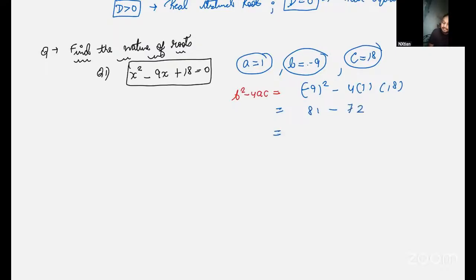So I will get the answer as 9. So b square minus 4ac is 9, so D is greater than 0. Yes or no? So what is the nature of that? It is real, distinct.